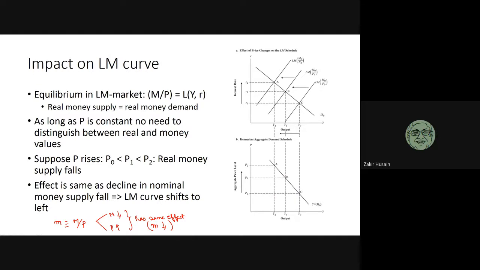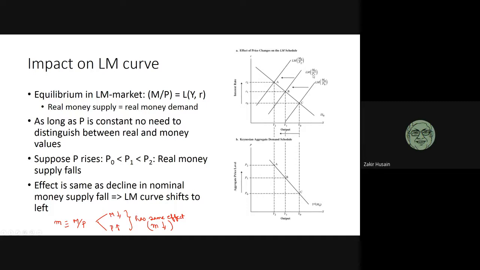When we turn to the money market, the LM market, the equilibrium condition was that real money supply is equal to real money demand. Now, as long as price is constant, there's no need to distinguish between real and money values. But if prices rise, the LM curve will shift to M/P1.